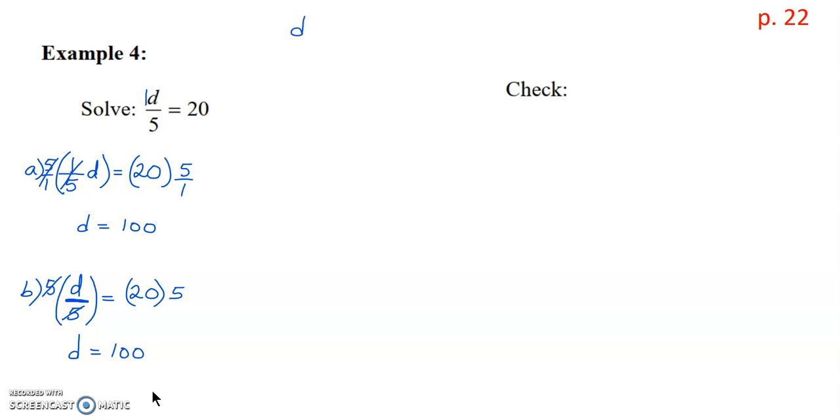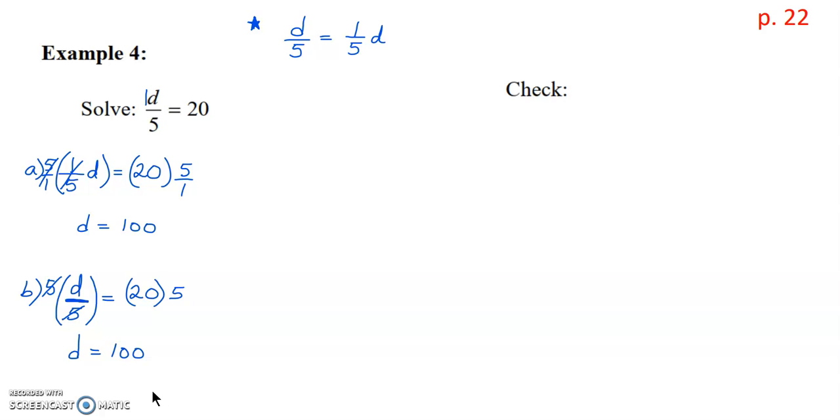But it is a good thing to note, and it will be important in the future for us to see that d over 5, anytime you divide by a number, it's the same thing as multiplying by a fraction. So you may want to put a star by this example and try these methods when you're faced with a division question like this.